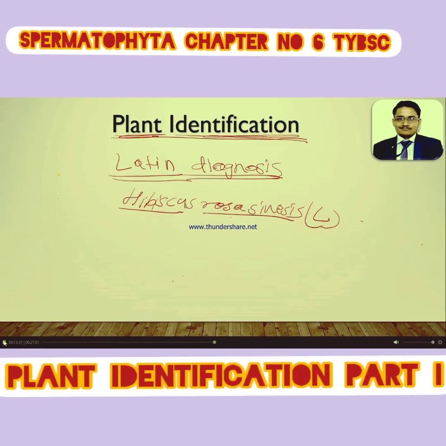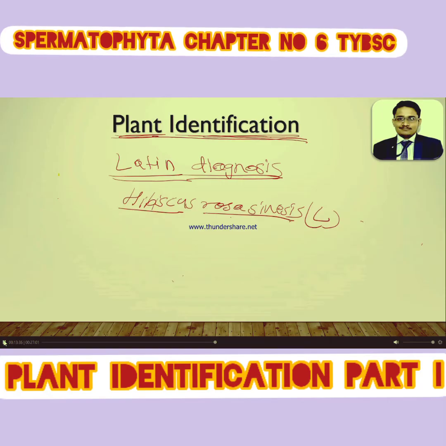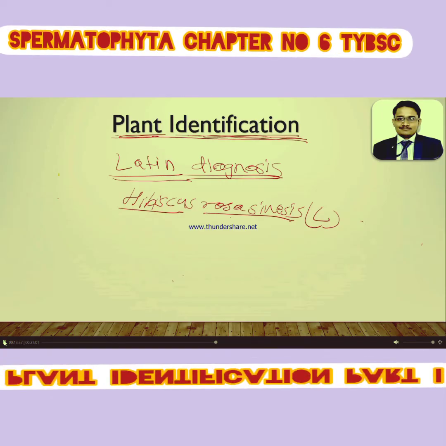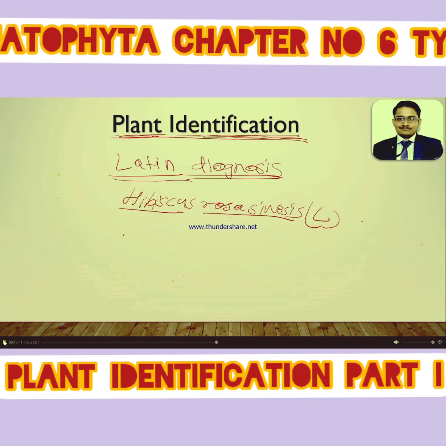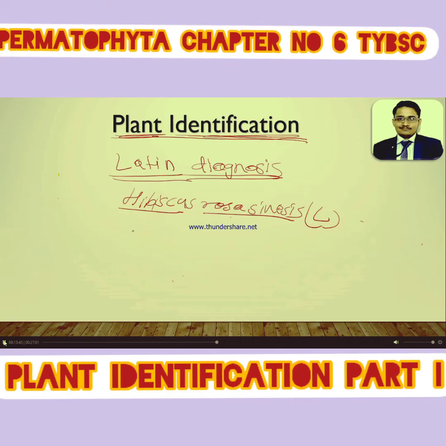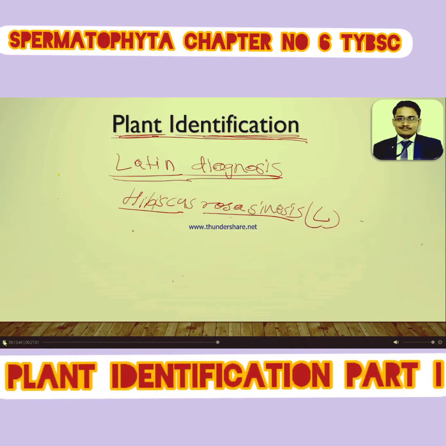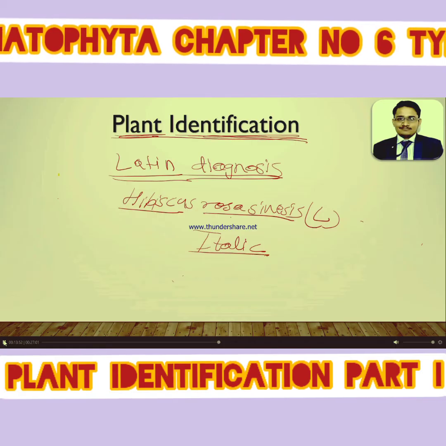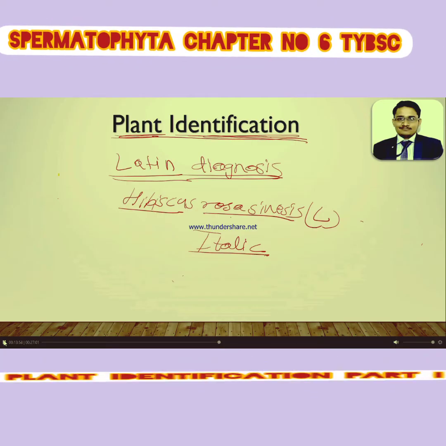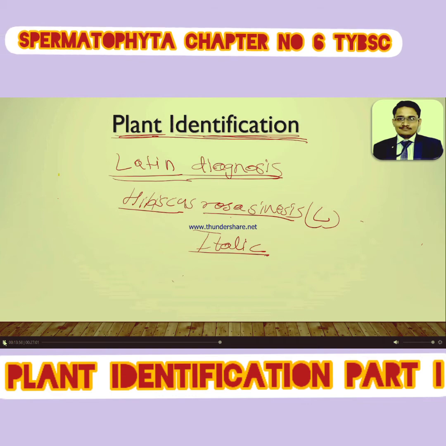One plant name is Hibiscus rosa-sinensis. Here there is no actual Latin language, but there is one indication of Latin: the words are English, but the font is italic. Then only can you identify whether the given language is Latin or English.